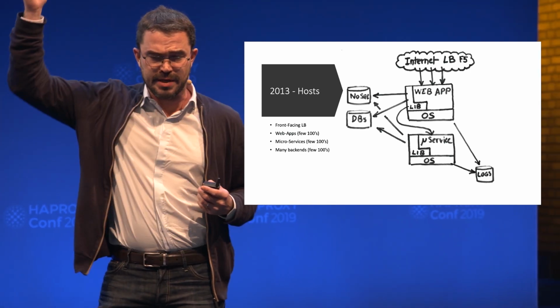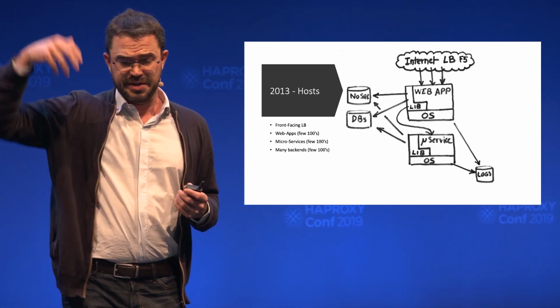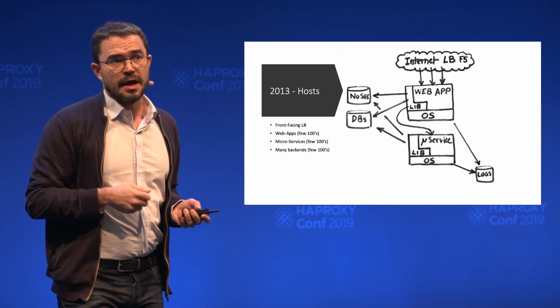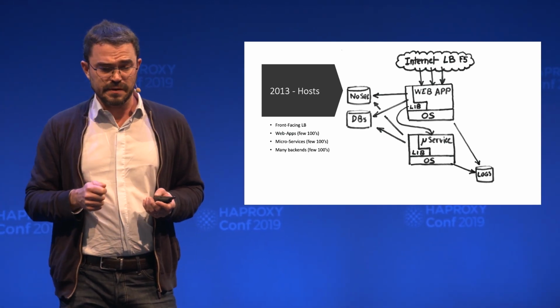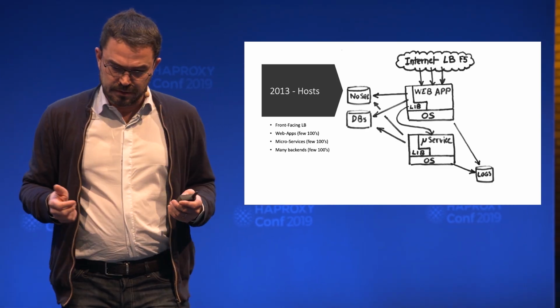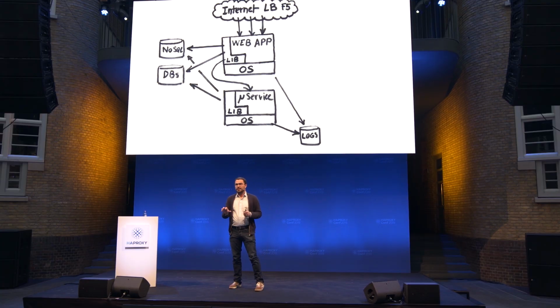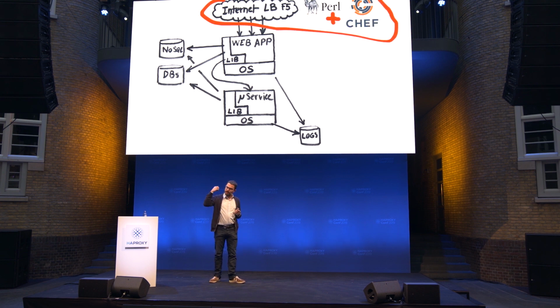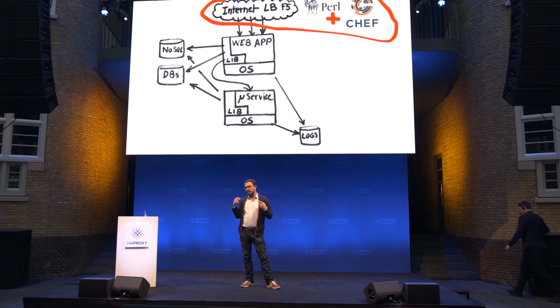So basically, a request is coming from the north, from the internet, through various load balancers. At that time, it was F5 load balancers. So it's going to a web application. So here is more detailed stuff. The top layer of this diagram shows how we configure the load balancer.